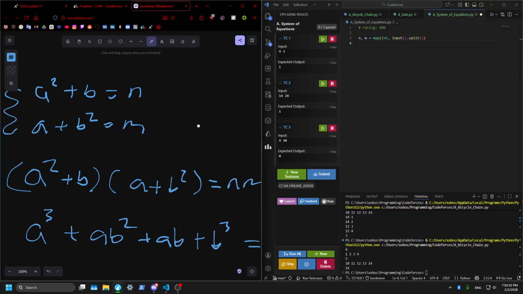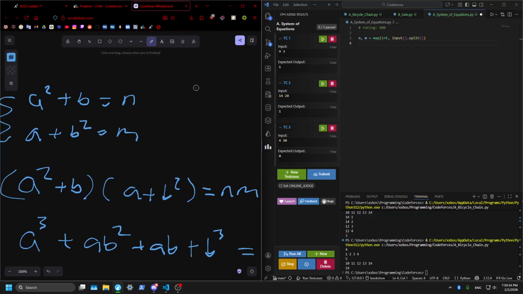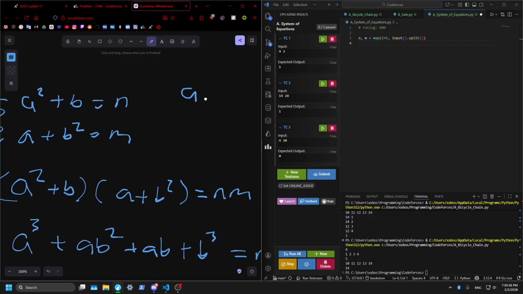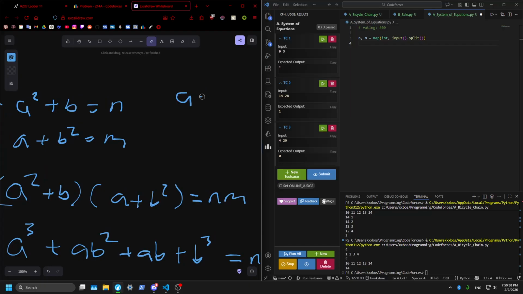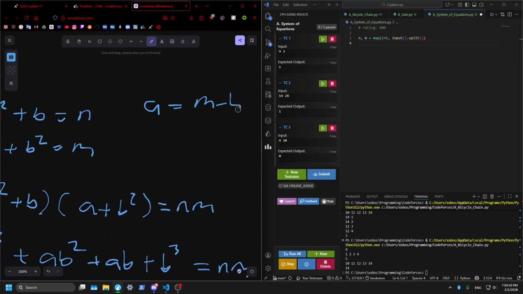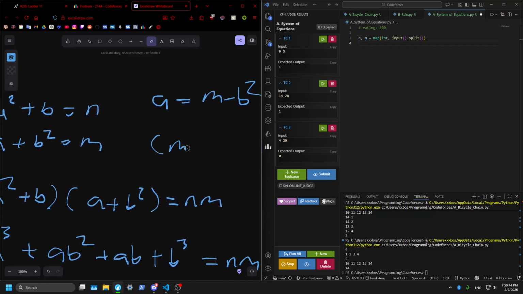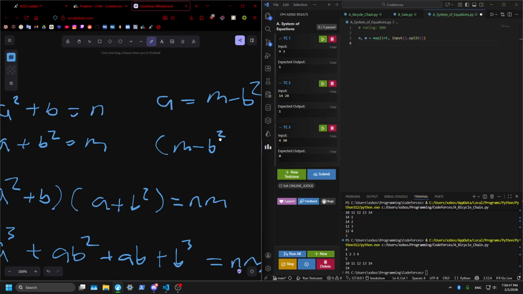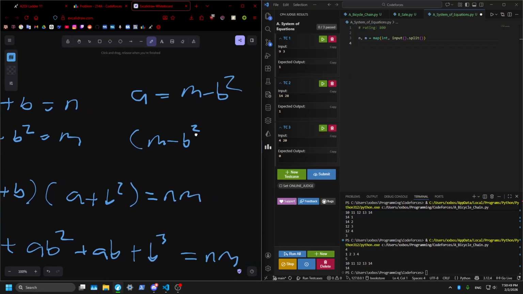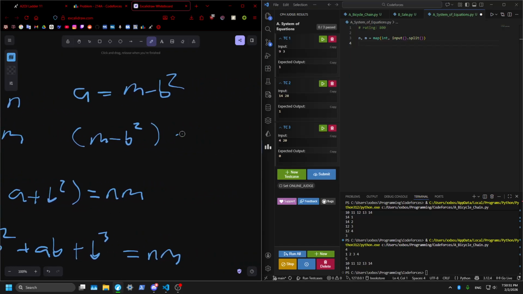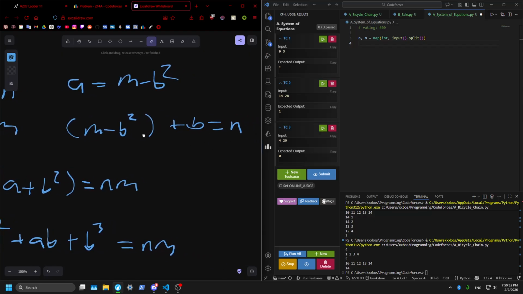We can do something like a is equal to m minus b squared, and then m minus b squared plus b equals n, and we can solve for b.